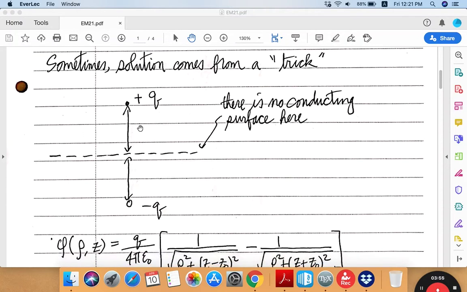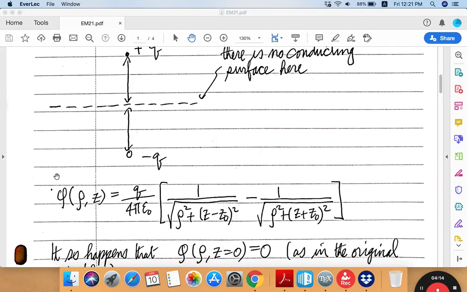Okay, so this is a simple problem of a dipole. Positive q sits here, negative q sits here, and the coordinate of the positive charge is at positive z0, and the coordinate of this one is at negative z0. So overall, the potential of this dipolar system is simply given by this.